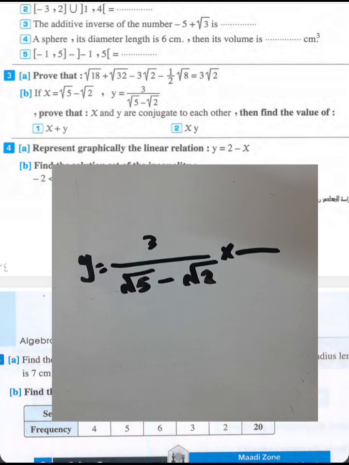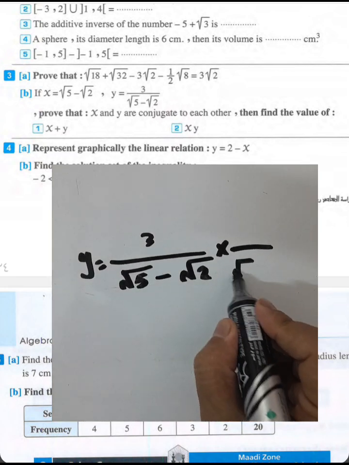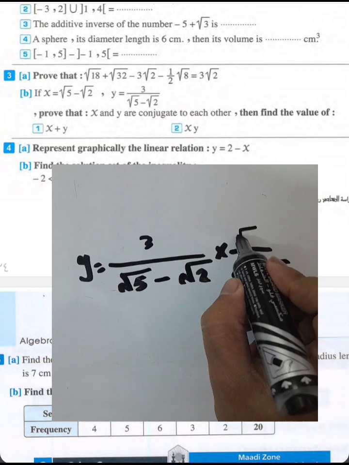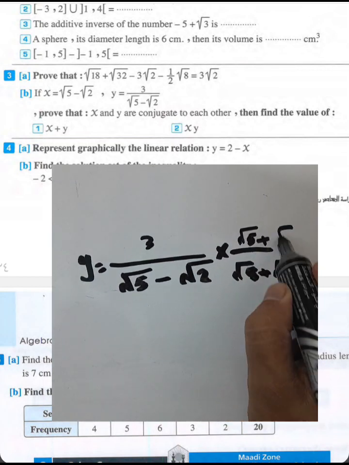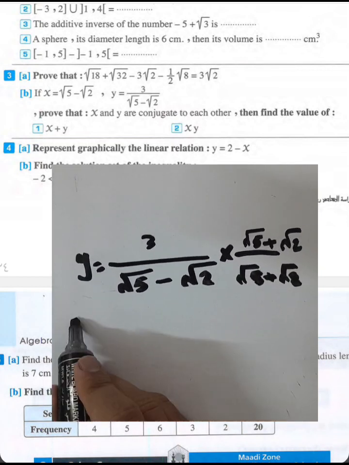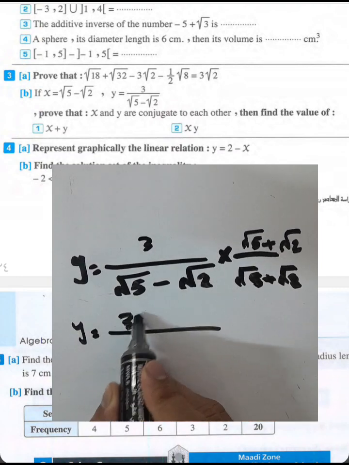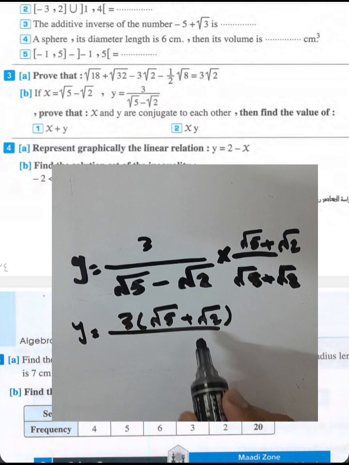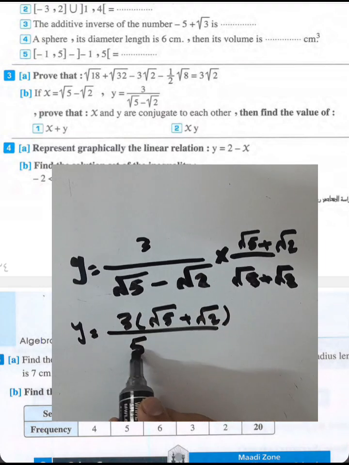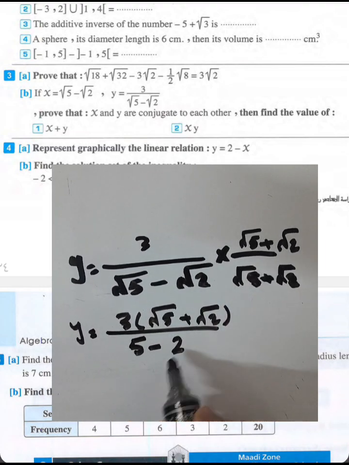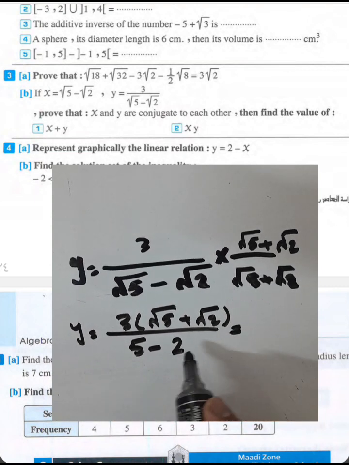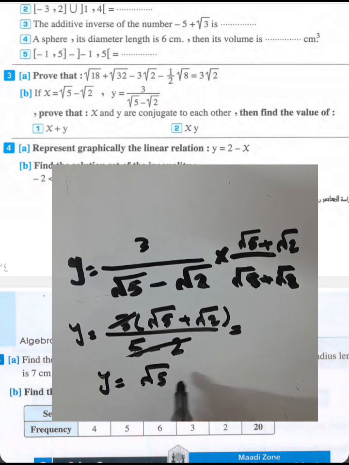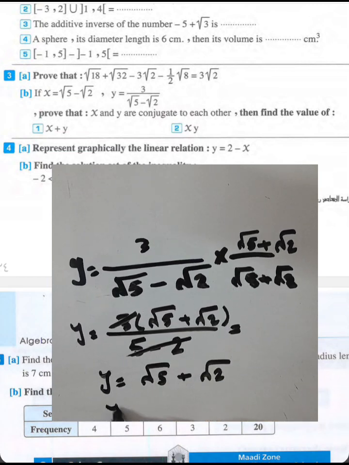Here you must write root 5 plus root 2 in both, and then y will equal 3 times root 5 plus root 2, and the denominator root 5 times root 5 is 5, and root 2 times root 2 is 2, 5 minus 2 is 3. We can cancel 3 by 3, then y will be root 5 plus root 2.